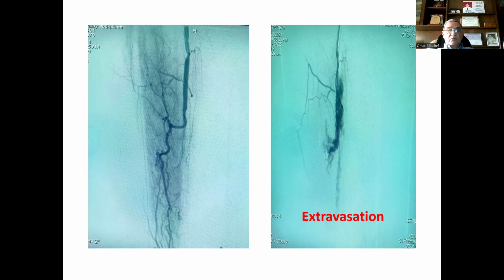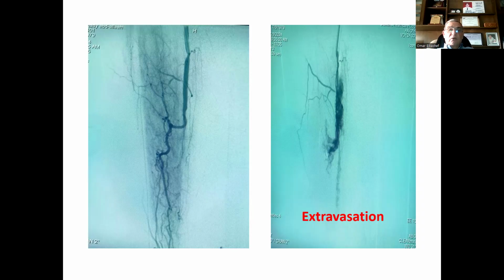Take care, don't do angioplasty in Buerger disease or thromboangiitis obliterans, even if you read some papers which are not randomized controlled trials, advising personal experience which we cannot trust.